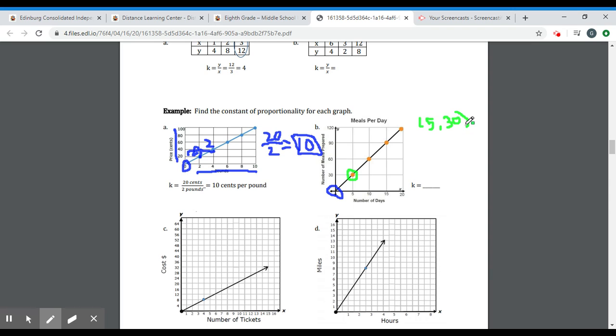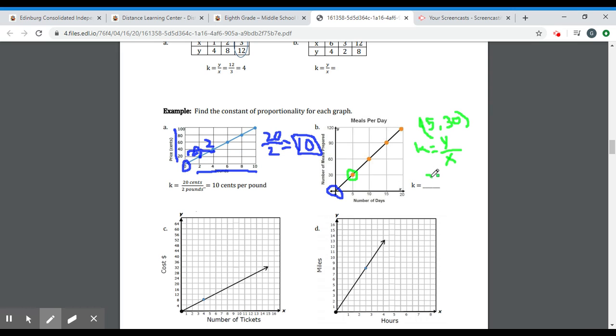So now remember my formula is gonna be k equals y over x. So again, just make sure that we pay attention to what we're putting. My y is 30. If you're not sure, you can look on your y axis over here. It's 30.